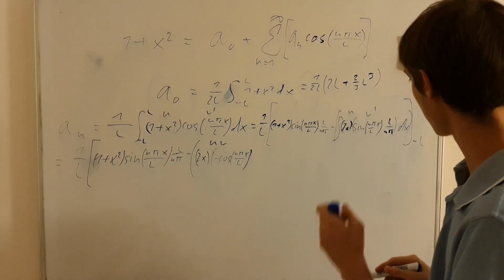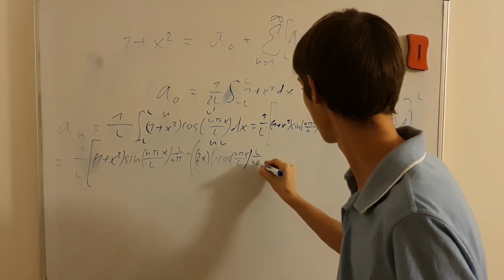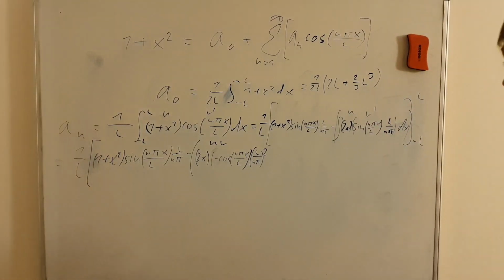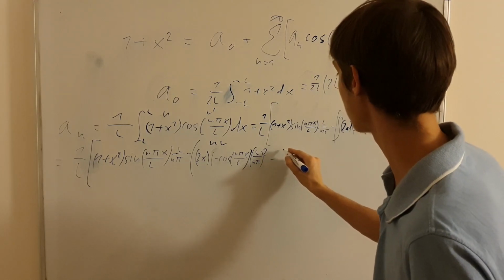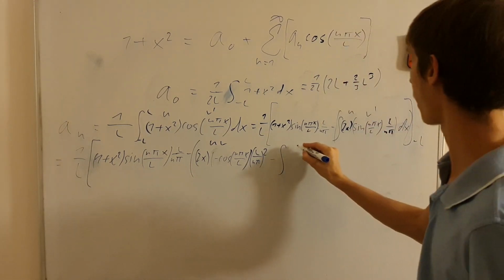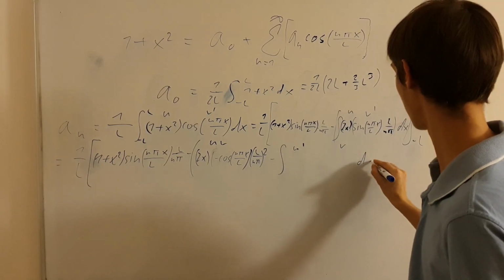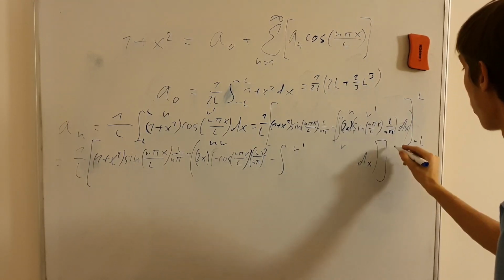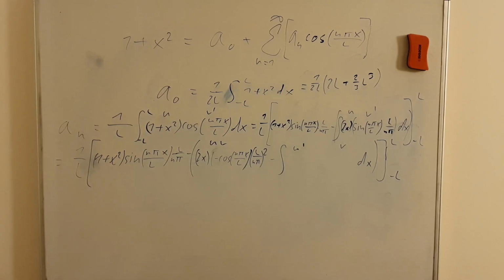Alright, so just to be careful about that, it's times L over n pi, all of that entirely squared. Alright, and then from that I will subtract basically the integral, which will be u prime times v dx. Alright, and once I have done that, this will end, and all of it still gets evaluated. Just rewrite this part, at L and minus L.